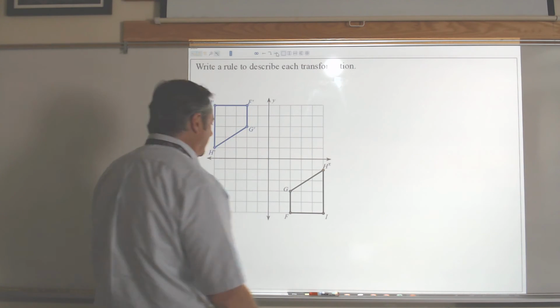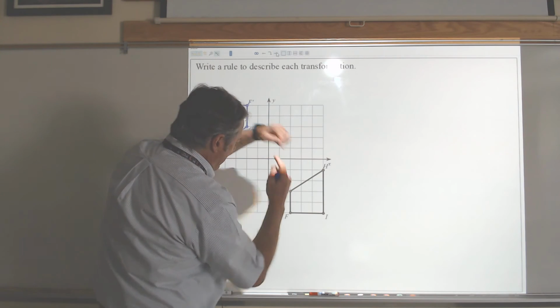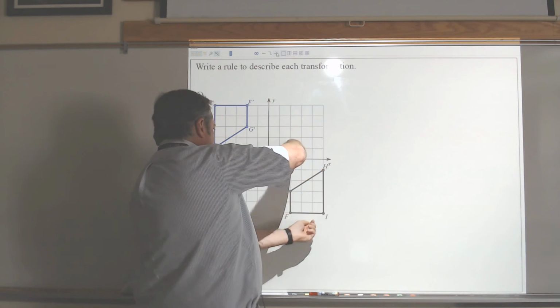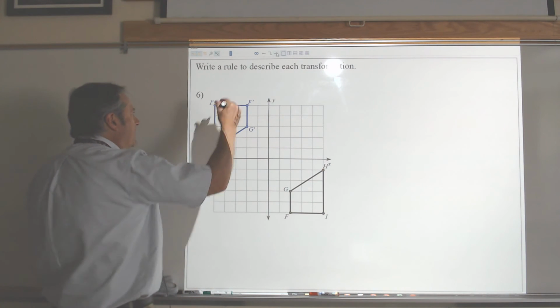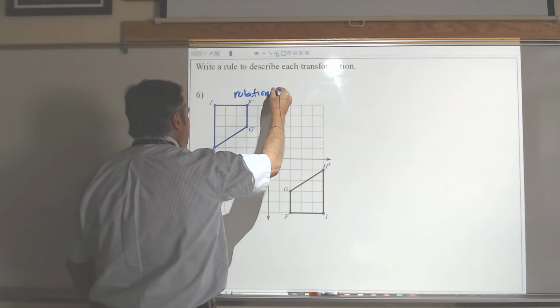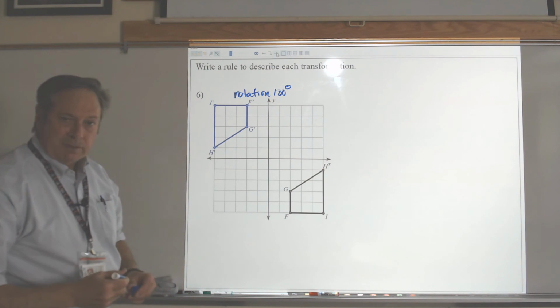Yeah. So that's 180 degrees. In my head at least, it worked better to go this way, but we could have gone that way as well. So we would call this a rotation 180 degrees, and that's all you have to say.